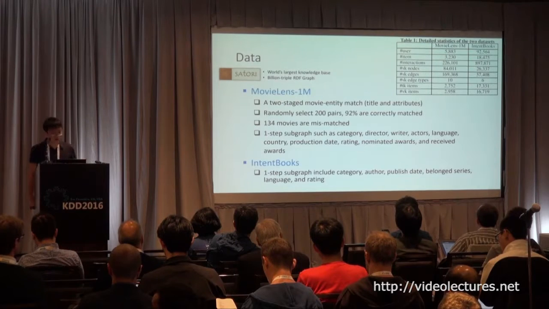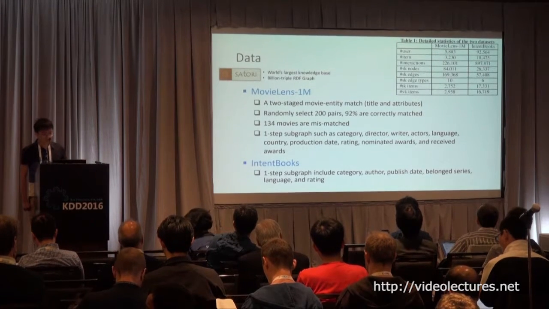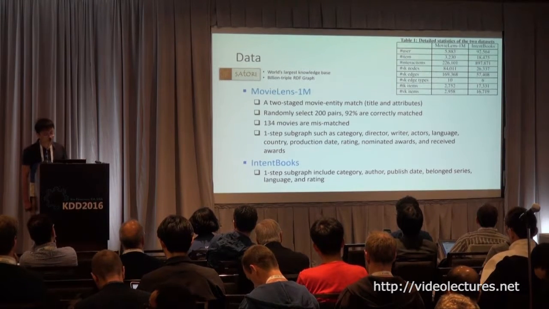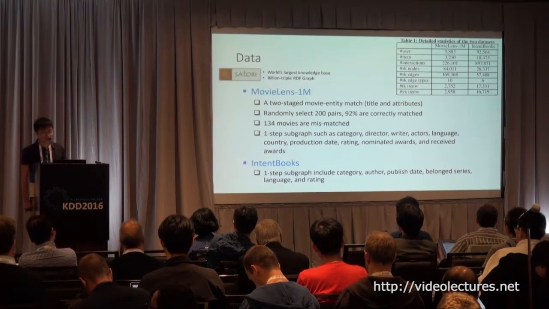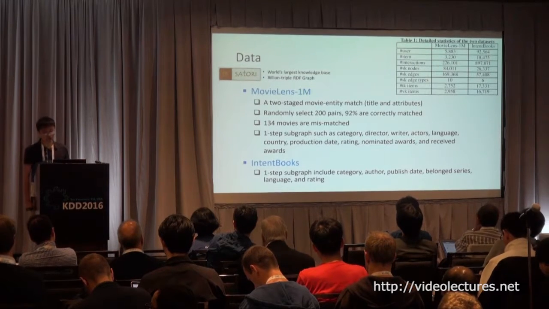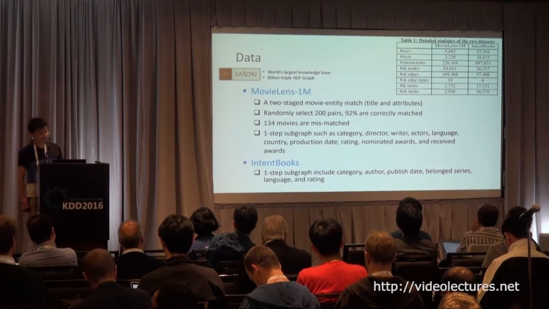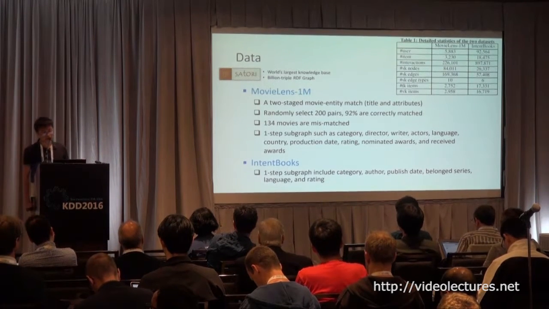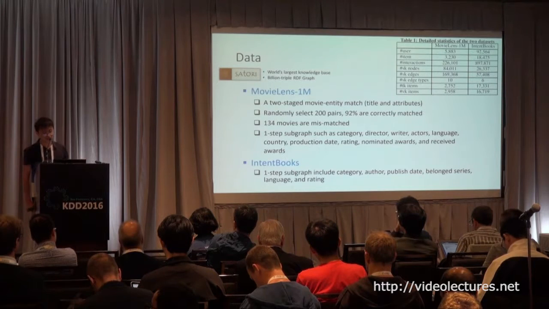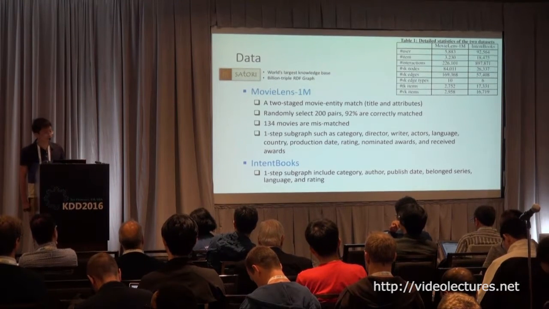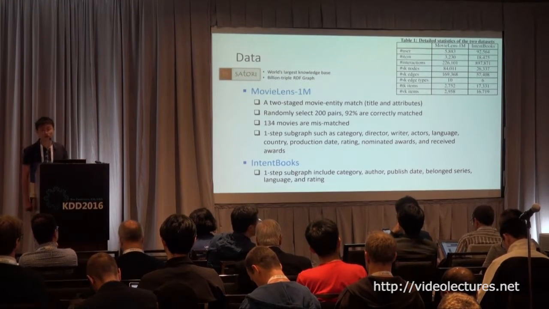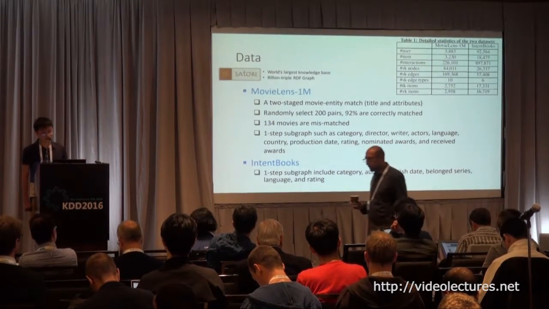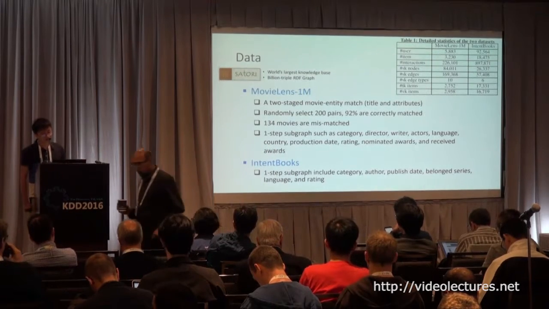To build its structural knowledge, we also use the one-step subgraph, including the book's category, author, published date, and so on. And we can see in the table some statistics of our datasets. For MovieLens, there are about 6,000 users and almost 3,000 items. And in IntentBooks, there are almost 19,000 users and nearly 20,000 books.